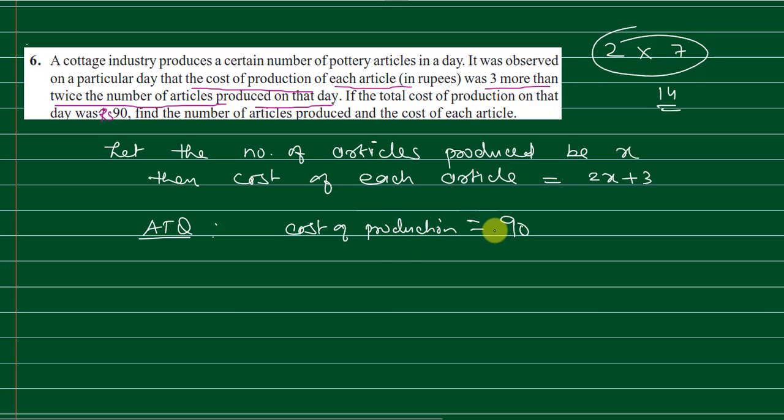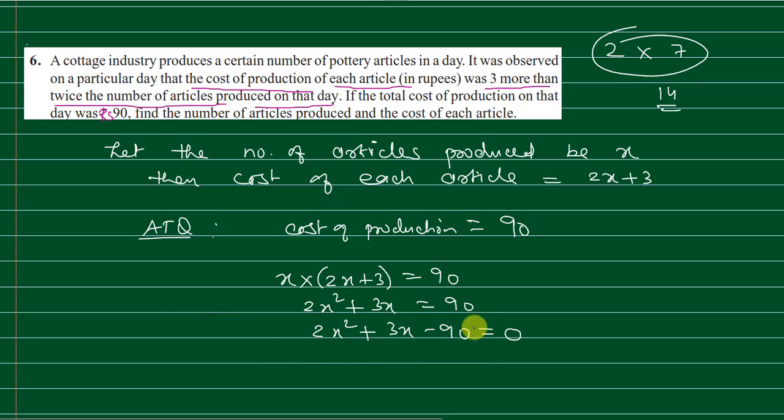So cost of production is 90, and which will be calculated by number of articles multiplied by cost of each article, that is x into 2x plus 3, which is equal to 90. So we can write this as 2x square plus 3x is equal to 90. That is 2x square plus 3x minus 90 is equal to 0.